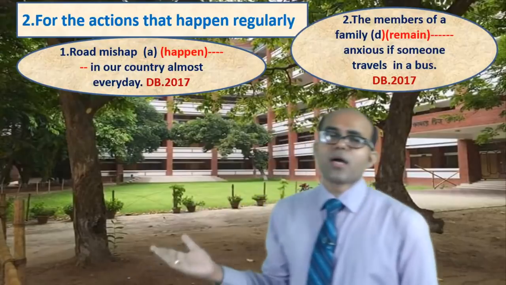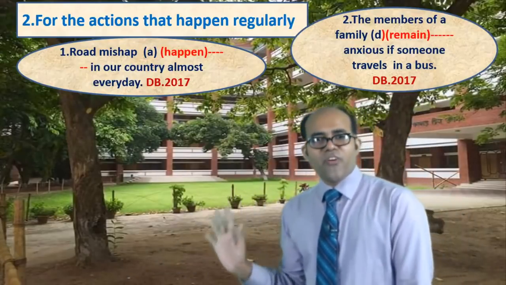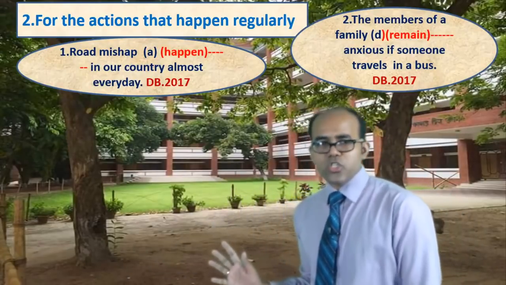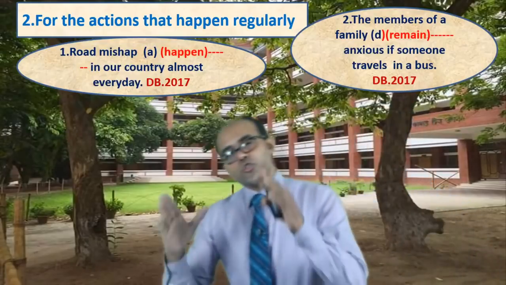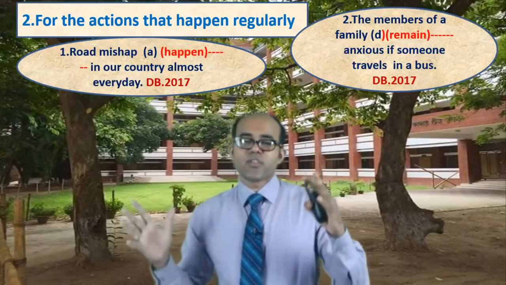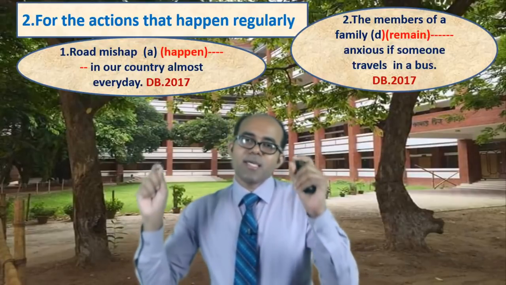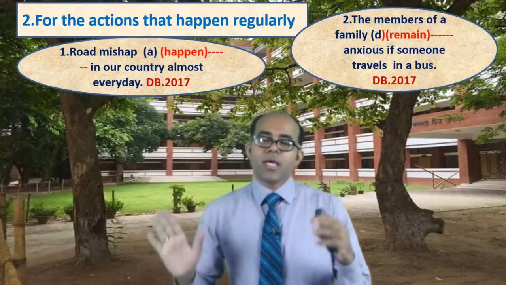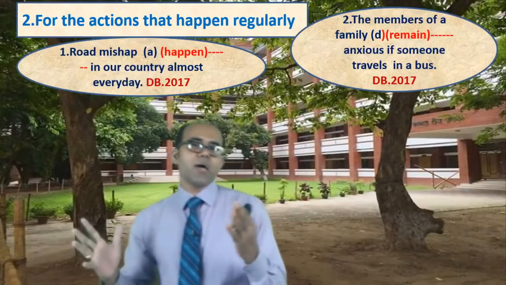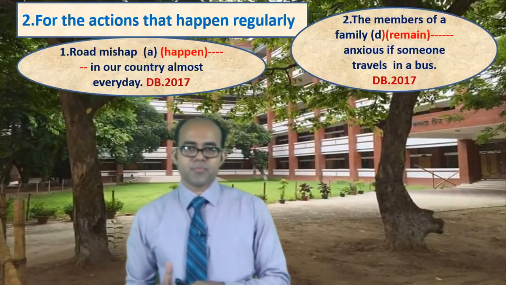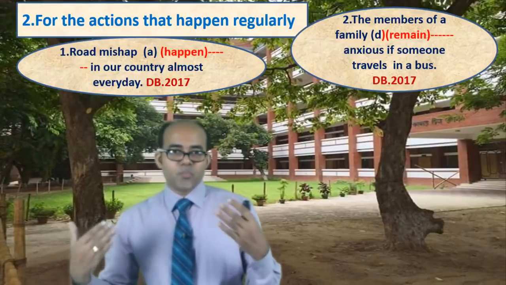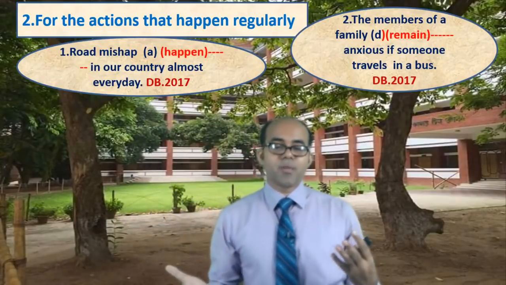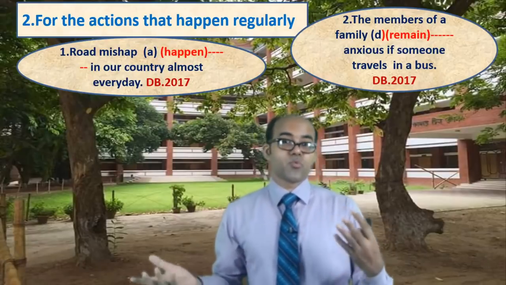Again, see, the members of our family dash anxious if someone travels in a bus. Is it true or is it false? It happens for every mother, it happens for every family as well. There can be an accident, so parents remain worried, even the family members remain worried as well.